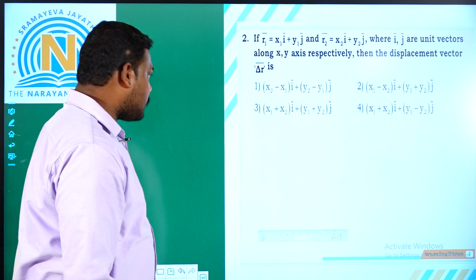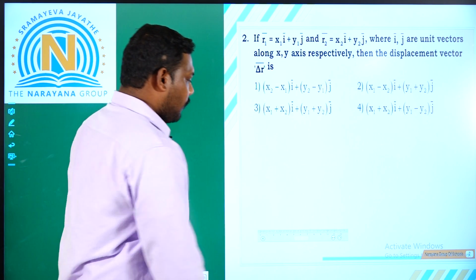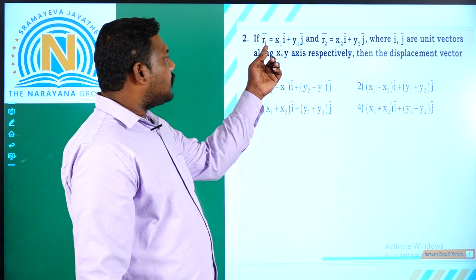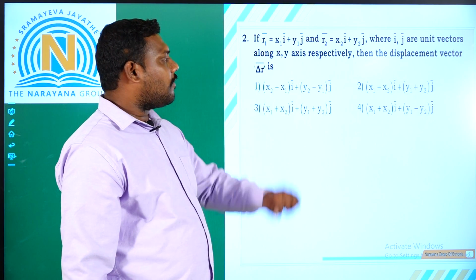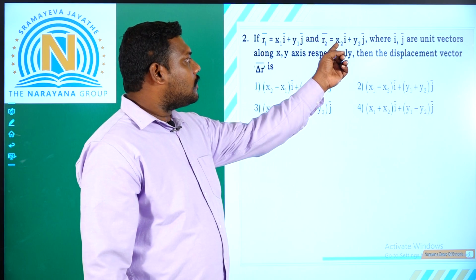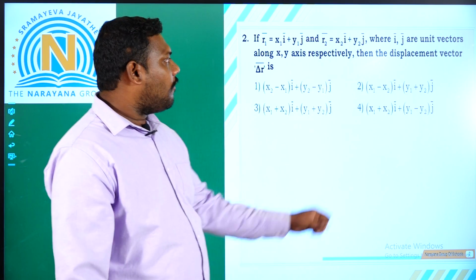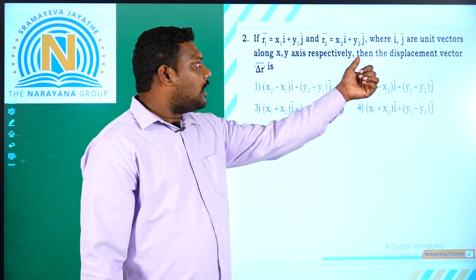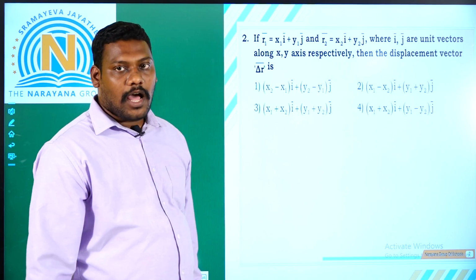Okay. Next, if R1 is equals to x1 i cap plus y1 j cap and R2 is equals to x2 i cap plus y2 j cap, where i and j are unit vectors along x and y axis, then the displacement vector delta R will be.